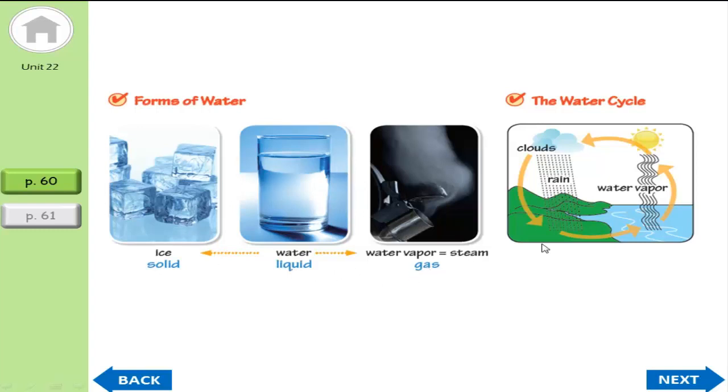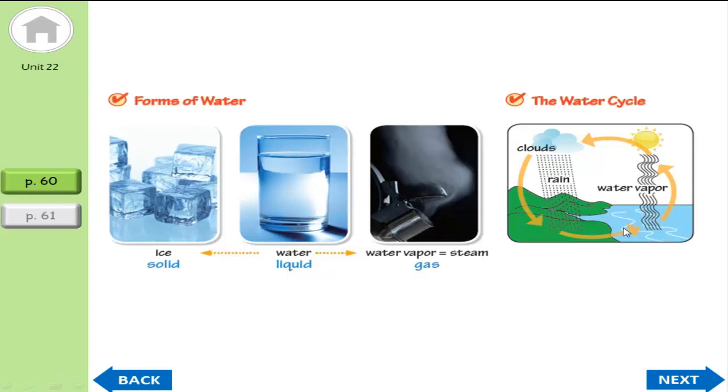Okay, and this is the water cycle. Here is the water, and this is the water vapor, and when it becomes clouds and it rains, it becomes water on the land. Again and again.